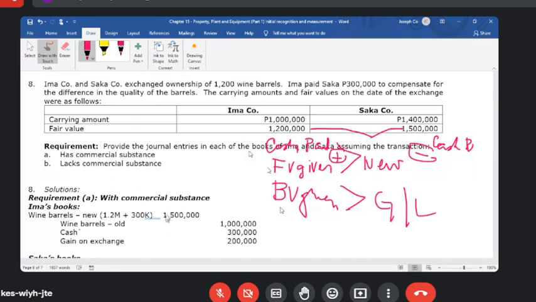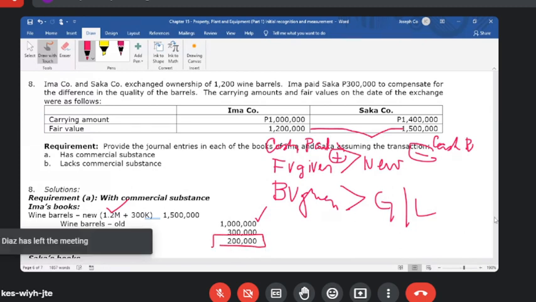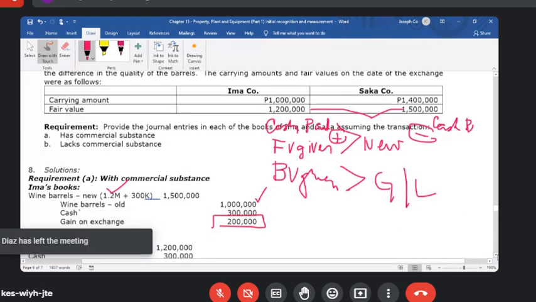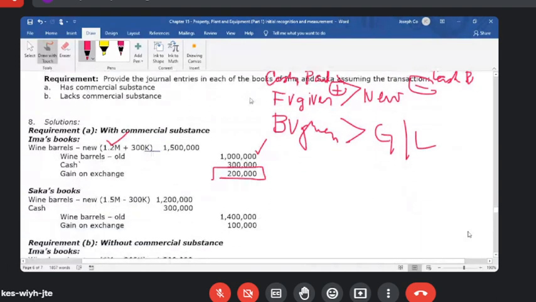Okay, book value given, equal to 1 million, no? Kaya 1 million minus 1.2 equal to gain on exchange, no? Saka, debit new asset 1.2, debit cash 300, credit old asset 1.4, and credit gain on exchange 100.